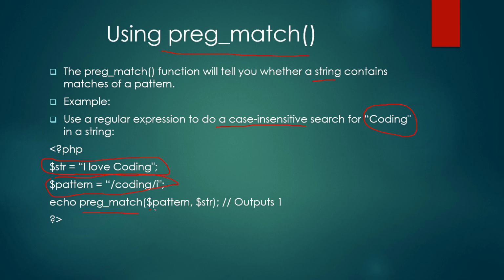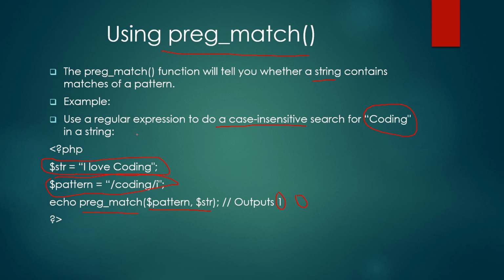It will take two arguments. First is the regular expression, second is the string. Here it is containing the word coding, so it will give out the value 1. 1 means true, yes, it is containing. If it outputs 0, that means it does not contain the pattern coding.